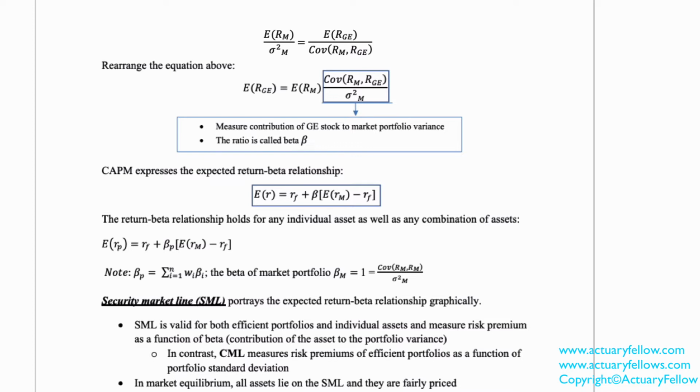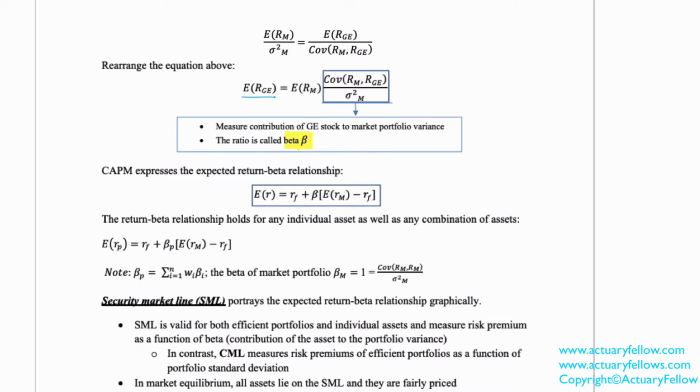Rearranging the terms in the equation, we can get GE risk premium is equal to market risk premium times the covariance between market portfolio and GE divided by market portfolio variance. The ratio of covariance between GE and market to market variance is called beta.